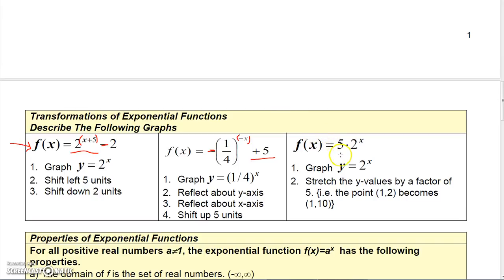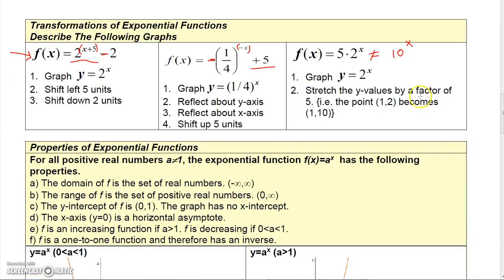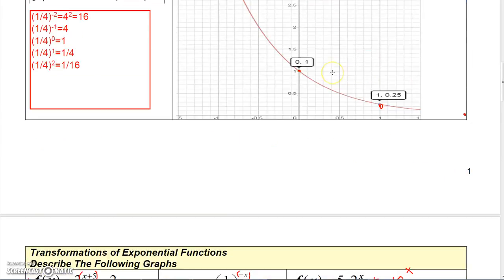And then this last one here, 5 times 2 to the x. Make sure you don't make the mistake of thinking that's 10 to the x, because that's not true. The exponent has to come first, so you can't multiply the 5 times 2 and get 10. Basically what this does is the 5 is going to stretch that function by a factor of 5.